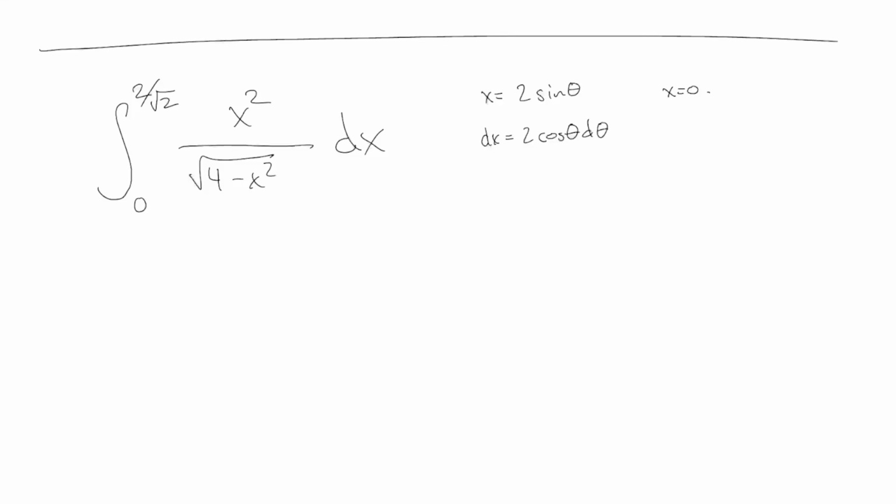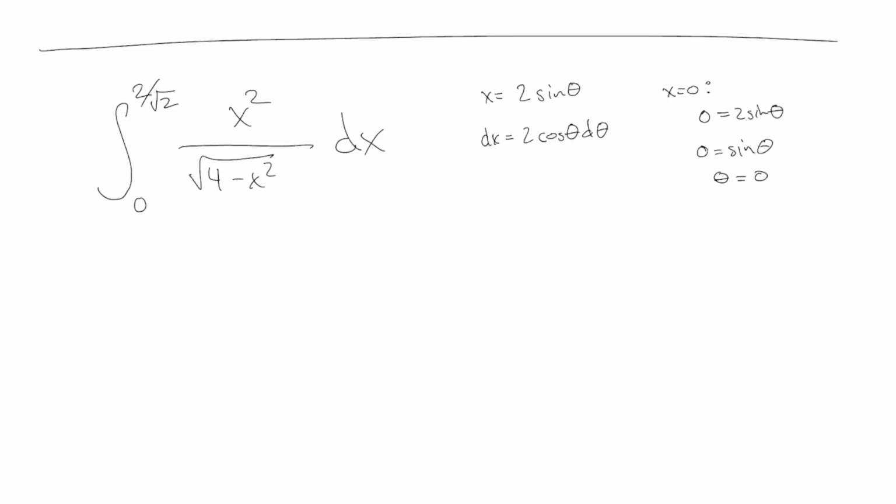For the boundary value x equals 0, I say 0 equals 2 sine theta and solve for theta. I can divide by 2 and it goes away. It says 0 equals sine theta, which means theta equals 0, because sine of 0 is 0, and that's the angle whose sine is 0.